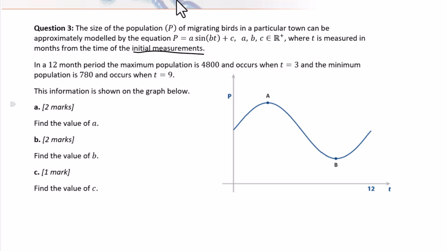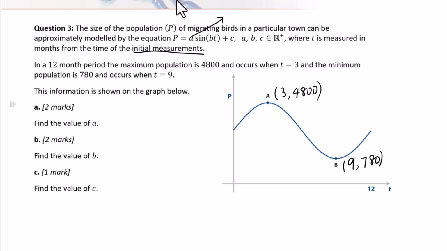A is a maximum point, (3, 4,800). B is a minimum point, (9, 780).